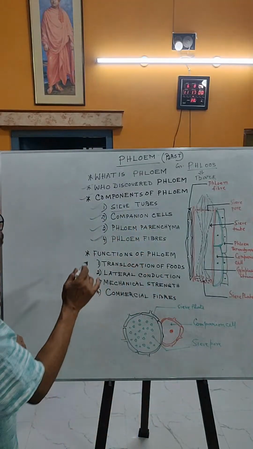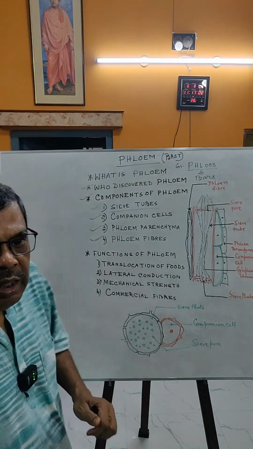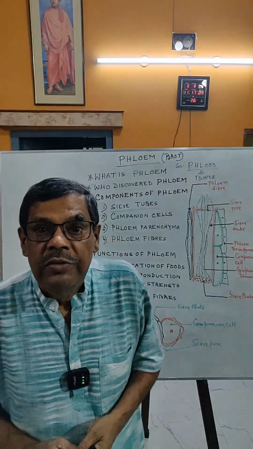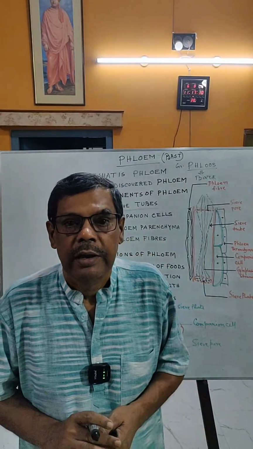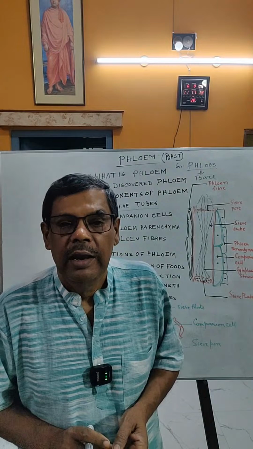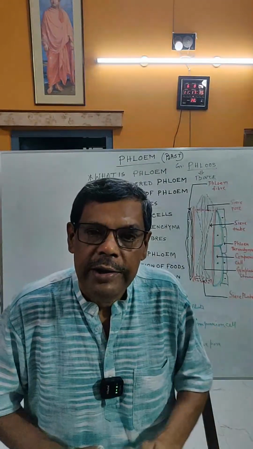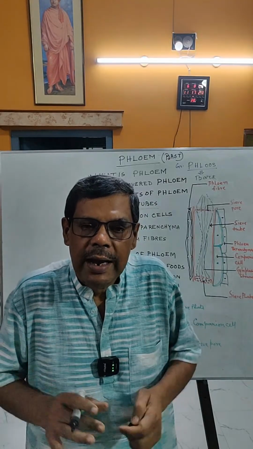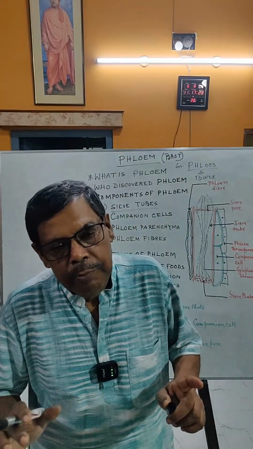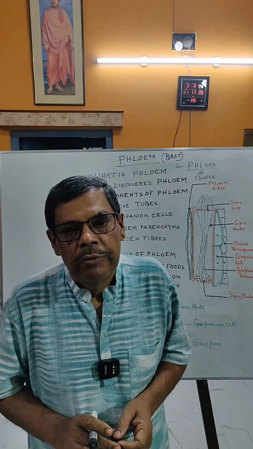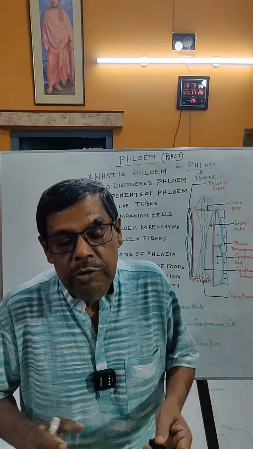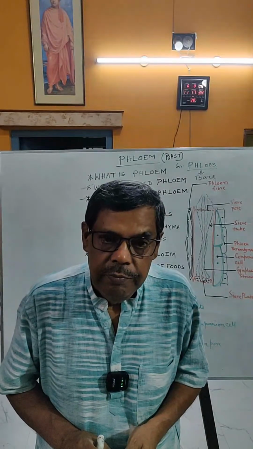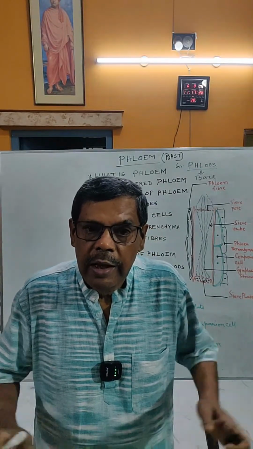These are phloem fibers. Next, I will again say about the sieve cells, which are the primitive phloem cells, found in pteridophytes and gymnosperms. They are long elongated cells, but they have no nucleus at maturity, and they have no companion cells.